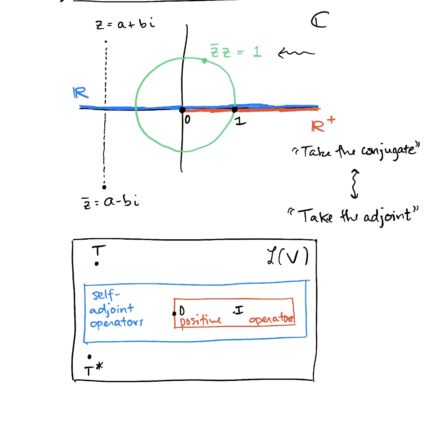So the collection of operators down here, corresponding to the unit circle in the complex plane, is the isometries. These. So I is an isometry. 0 is not an isometry.